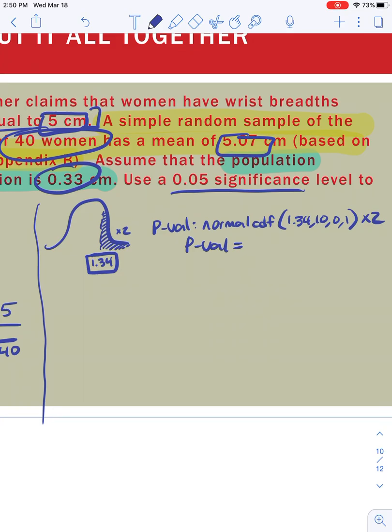I'm going to put in 1.34, comma 10, 0, 1. I'm going to hit paste. For some of you, you've already gotten to this point. And then before I hit enter, I'm just going to write times 2 right at the end of all of that. Okay? If you have to do this in 2 steps, do it in 2 steps. Do the normal CDF first and then hit times 2. But our answer should be 0.18. And that's our p-val.